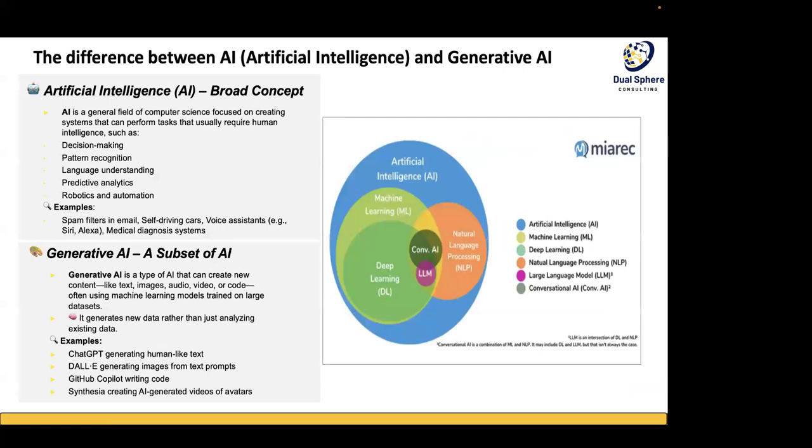Now let's look at some of the terminologies or definitions. As aspiring professionals or working professionals, you should be familiar with these. There is a broader umbrella called artificial intelligence. It helps us in decision making, pattern recognition, language understanding, predictive analytics, robotics, and automation.